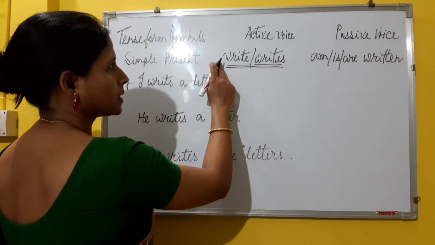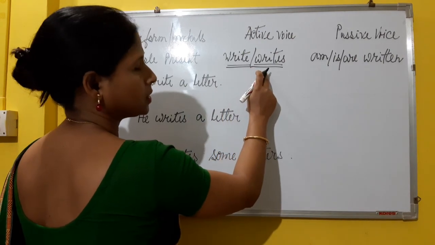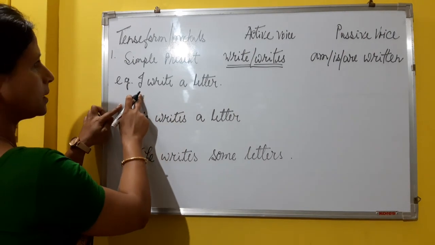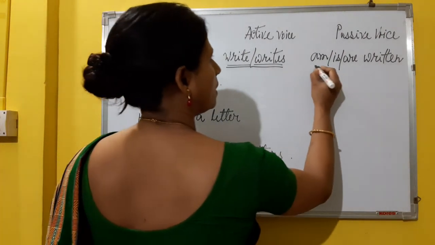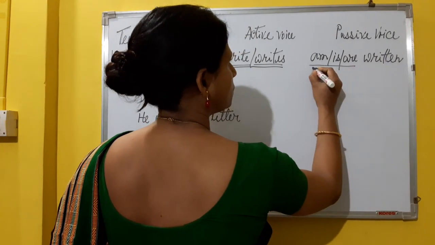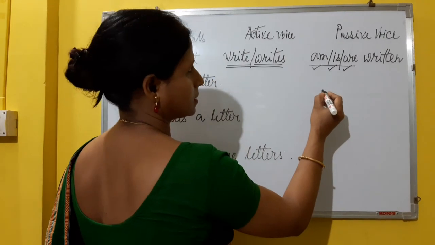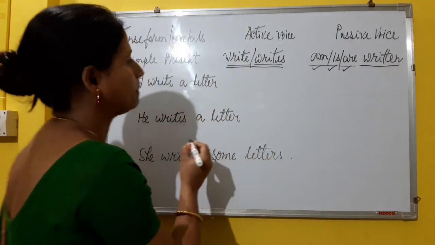With first and second person, the verb will be write, and with third person, it will be writes. This is the sentence, I write a letter. You will decide whether we'll have to use am or is or are according to the sentence. And of course, we'll use the third form of the verb.